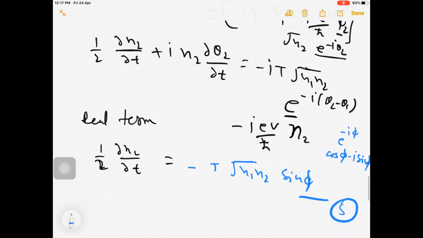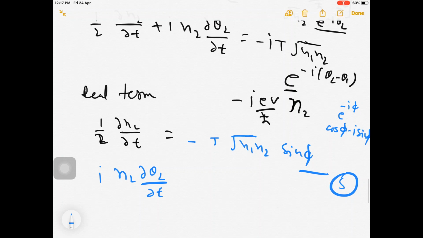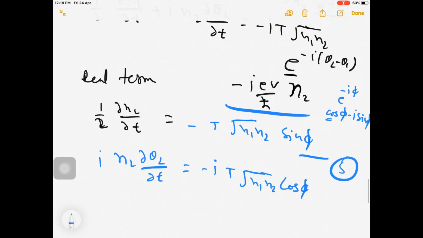And the imaginary term will be i n2 ∂θ2/∂t equals, the imaginary term will come from the cos term, so it will be −iT√(n1 n2) cos φ, and this is also an imaginary term, −ieV/ħ n2.